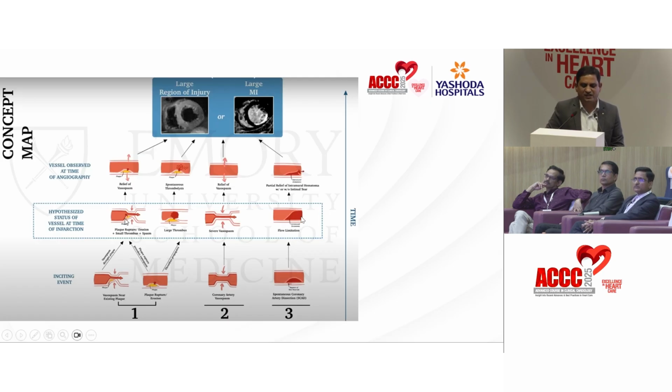Combined, they can present with MI. If vasospasm and thrombus persist for sufficient time, MI may form. But at the time of angiogram, the vasospasm is relieved and you can see only this. The same thing if there is a lot of thrombus formation without vasospasm, but by the time you take the patient to angiogram, there may be spontaneous lysis, and we can see insignificant disease in the coronaries. Similarly, when only isolated vasospasm is happening, it lasts for a significant time causing infarction, but when you take the patient to the cath lab and do angiogram, it may appear like normal coronaries.